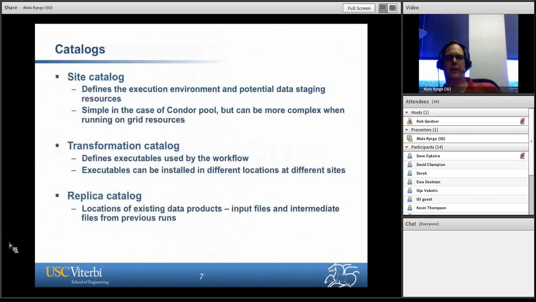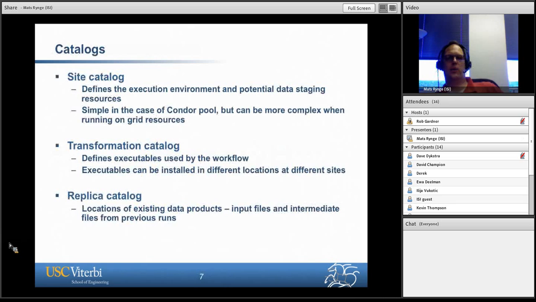Well, if you're running, for example, a grid resource, you have to specify endpoints and service endpoints and things like that. There's a transformation catalog, and that one defines where the executables are. If you say that I need to use one of your executables, you have to tell Pegasus where it's installed or where it can be picked up for staging if that's the preferred method.